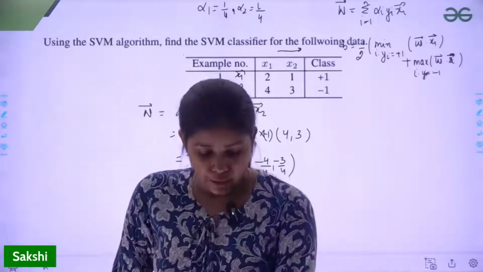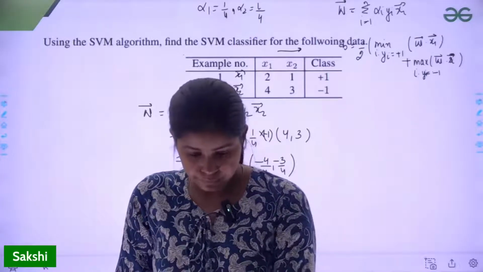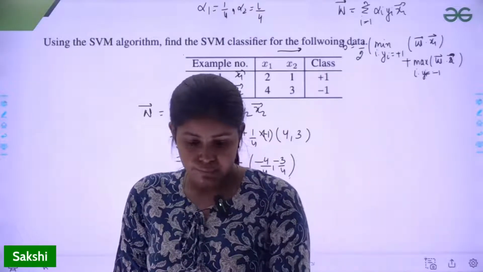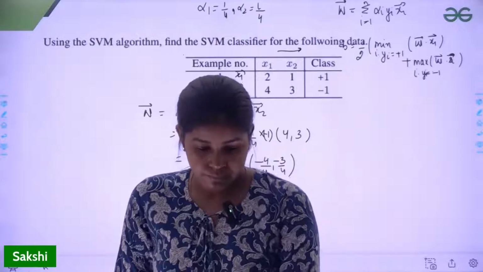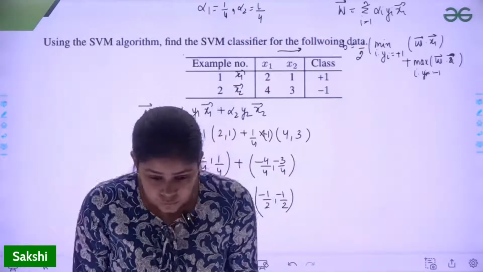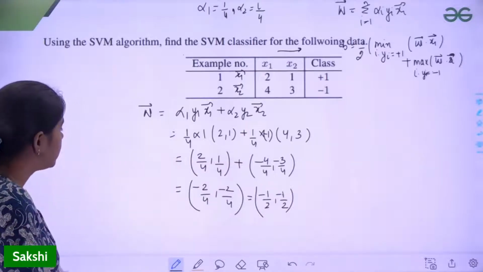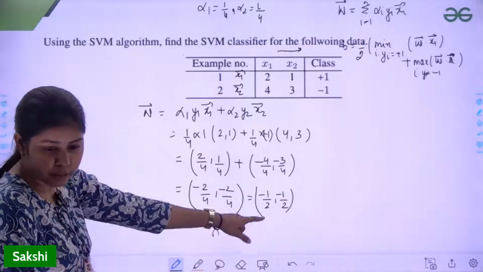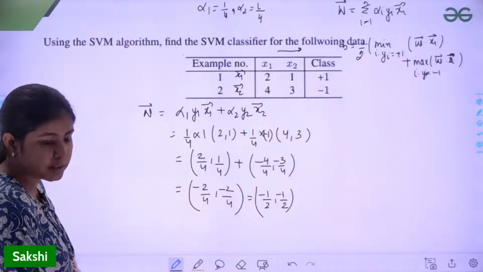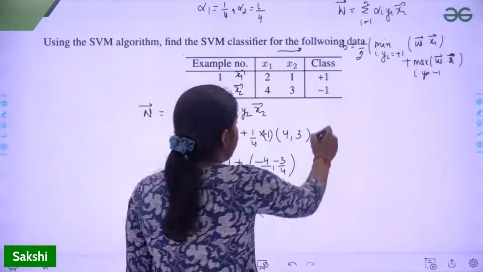Now try to find the value of b. Okay, w vector is minus 1 by 2 and minus 1 by 2. That is w. Now let's find b.